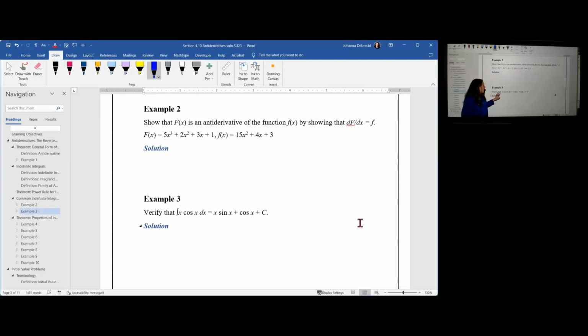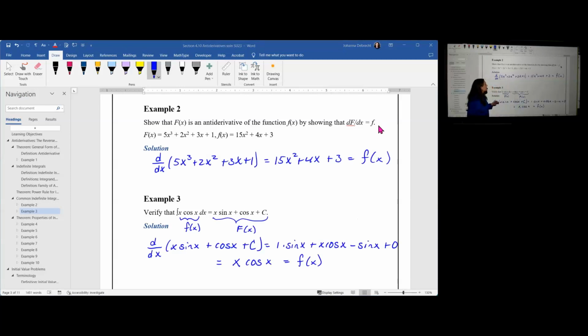We want to apply this in both 2 and 3. In other words, if I take the derivative of the result of an indefinite integral, I should get back the integrand, the function inside the indefinite integral. Go ahead and pause the video to work this one out, and turn the video back on so we can discuss.